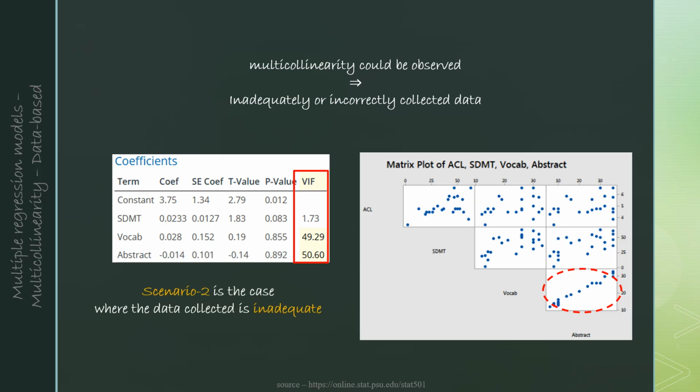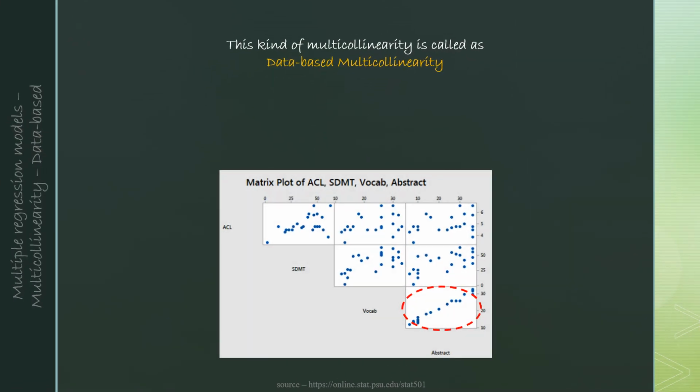Scenario 2 is the case where the data collected is inadequate. This kind of multicollinearity is called data-based multicollinearity. The solution to address or correct this multicollinearity is to collect more data or collect data under correct circumstances.